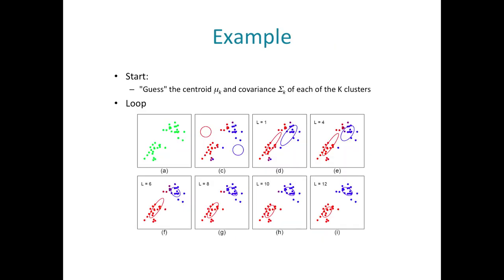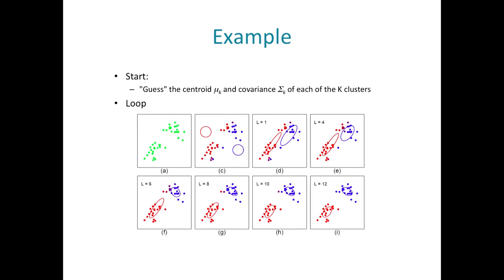And so this is just an example of how the Gaussian mixture model works to separate these two data sets that we have. They're in green, but basically we have two different classes that we want to separate.